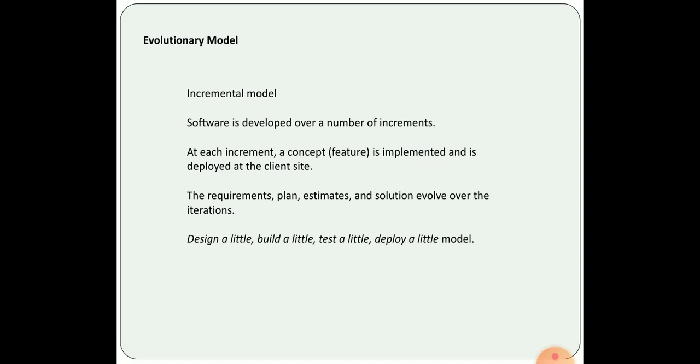But there is a shift in its major paradigm. For this reason, the evolutionary software development process is sometimes referred to as the design a little, build a little, and deploy a little model. This means after gathering the requirements, the design, building, testing, and deployment activities are iterated.